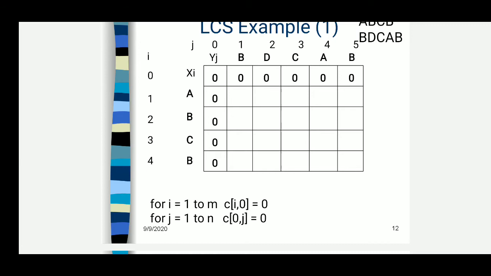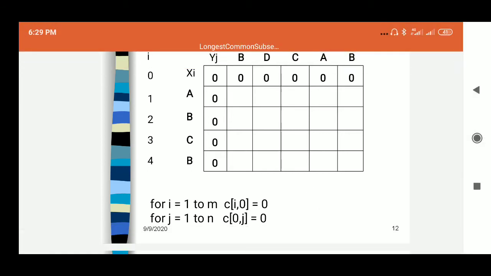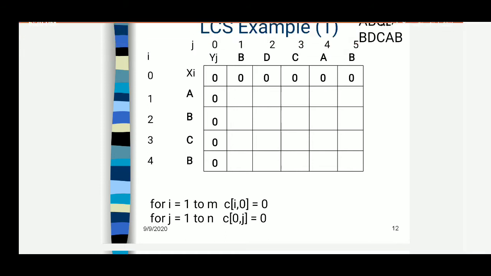So we can take the maximum value from the left value and the above value. You can easily see that the left value is 0 and the above value is 0. From both sides you can take the value, but generally consider the value from the left side.